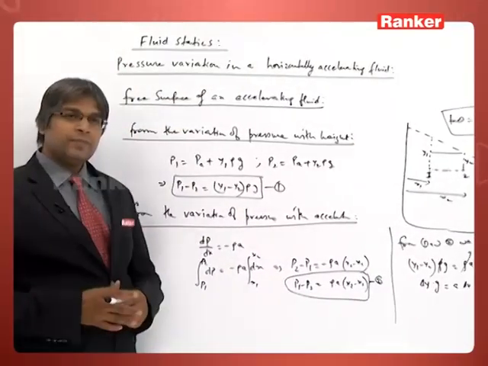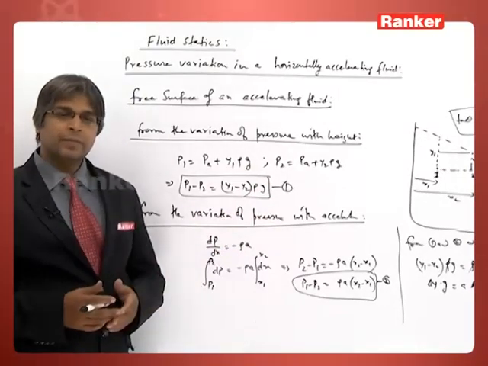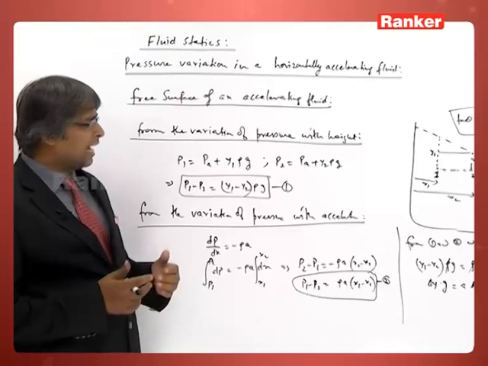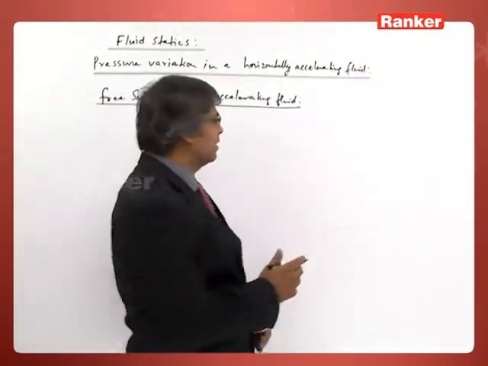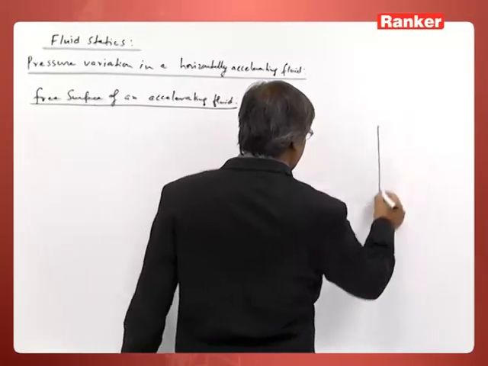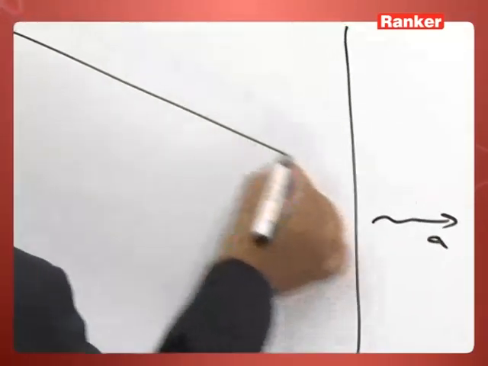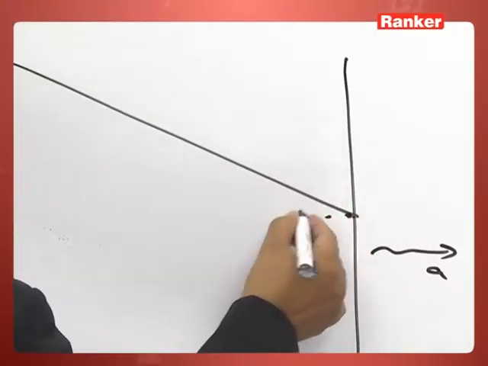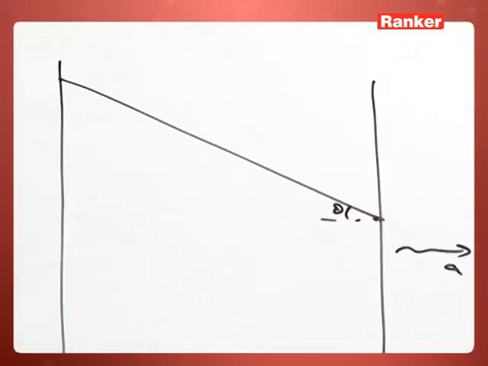Now, we can derive this result more easily by looking at the free surface. Let us do that now. Let us see that if this is an accelerating fluid with acceleration in this direction, this is the free surface. I wish to know what is this angle theta. So, this is a free surface.